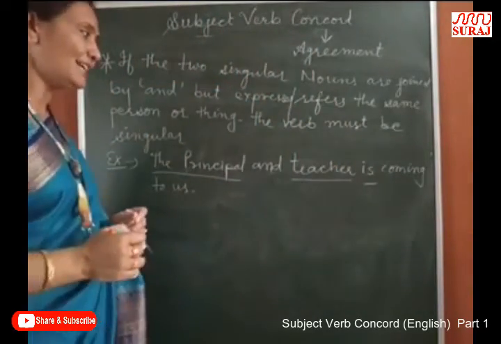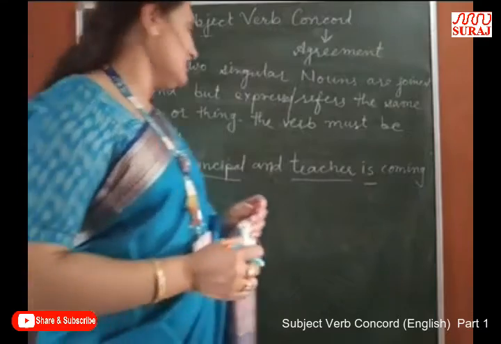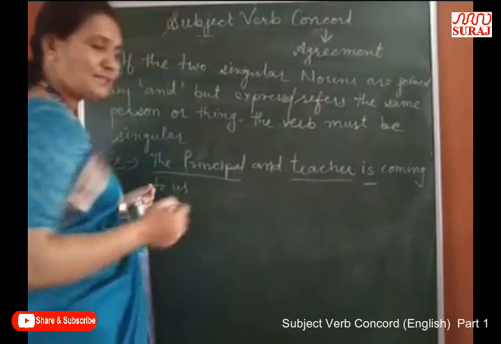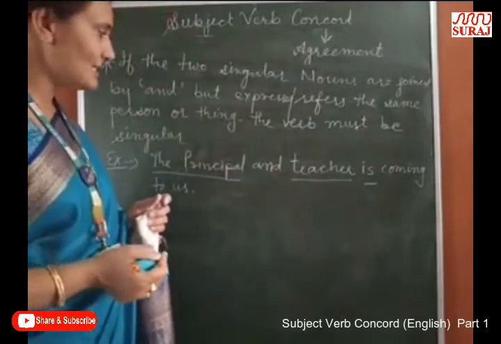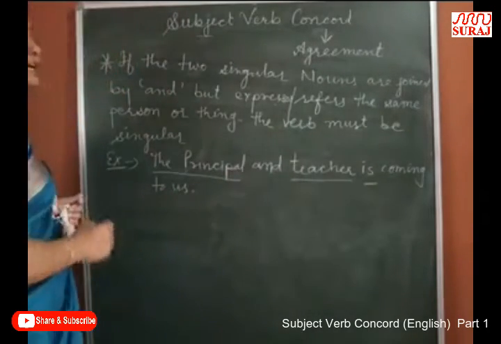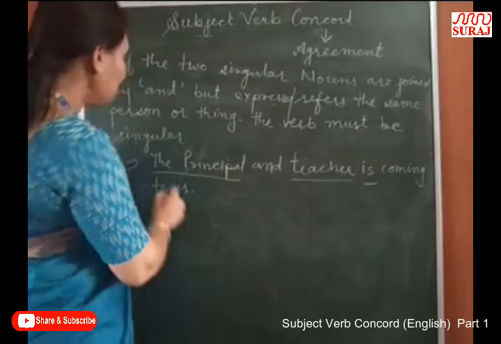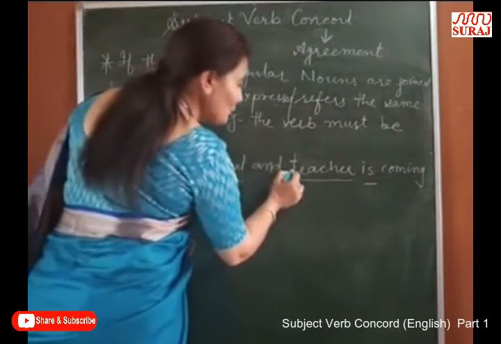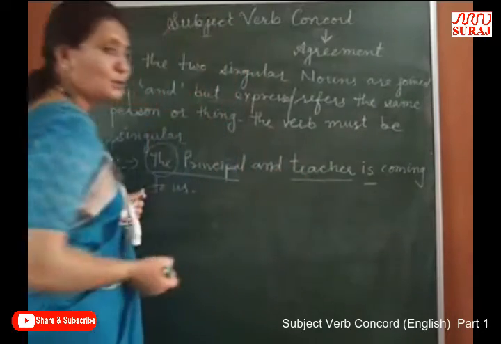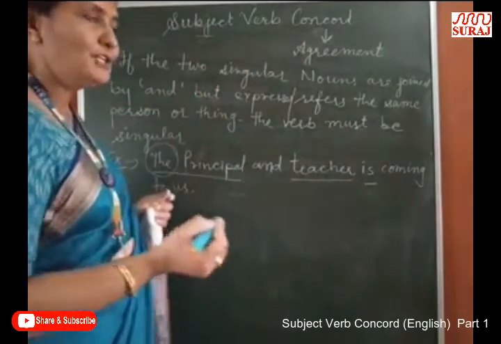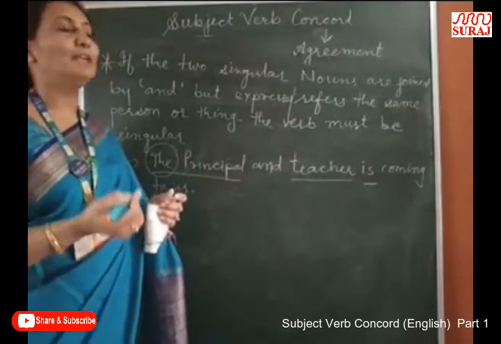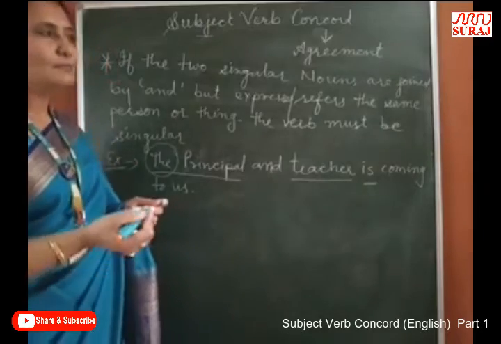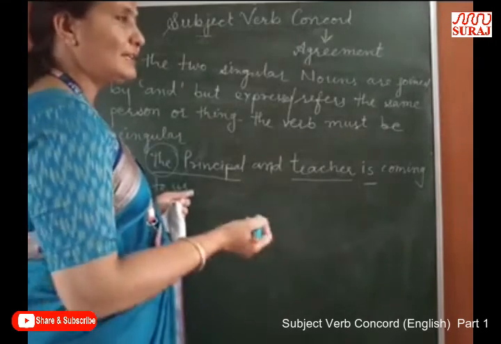Now I think in your mind there is a question: how can you recognize that both nouns refer to the same person? Just listen. If I repeat the determiner before the second noun, if there is a determiner, article, the, such, some, few, these are the determiners.